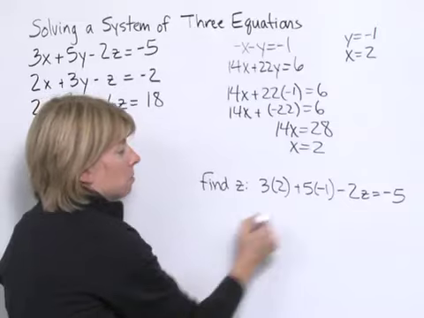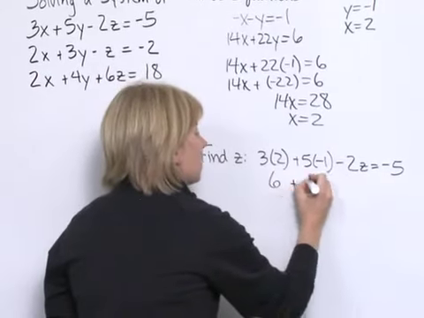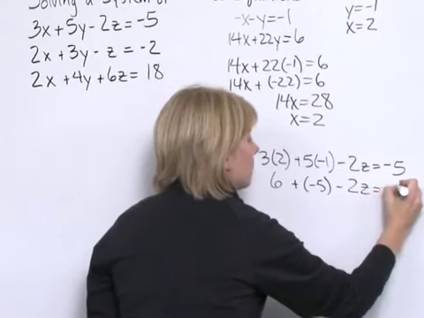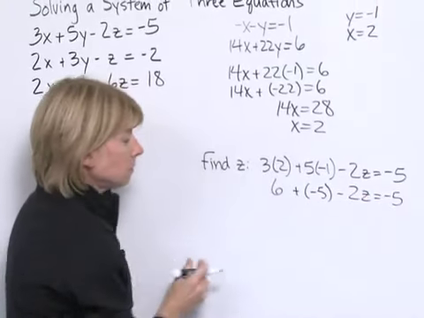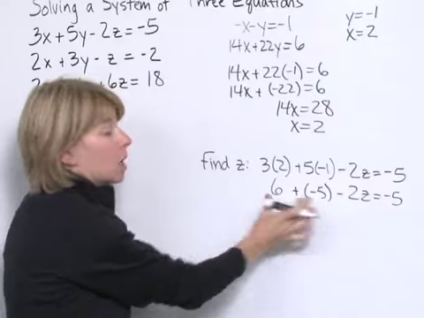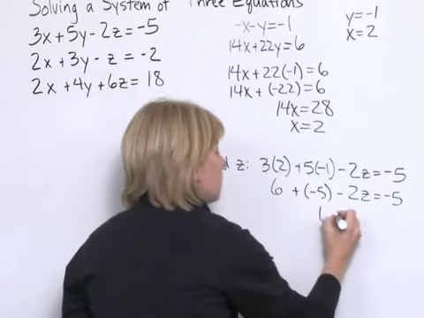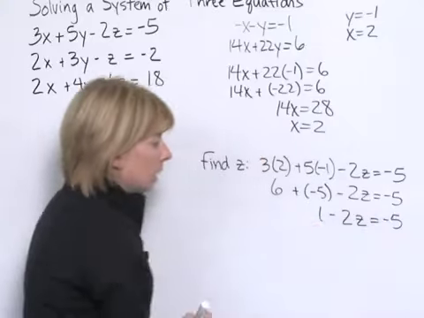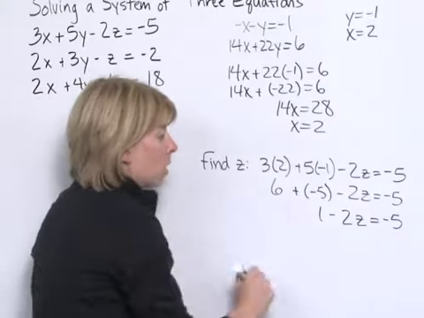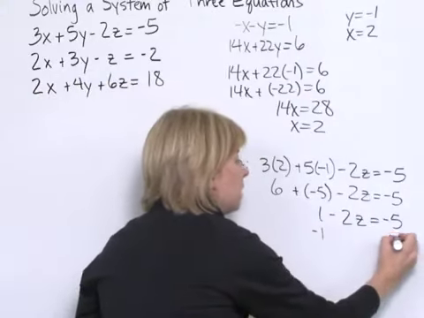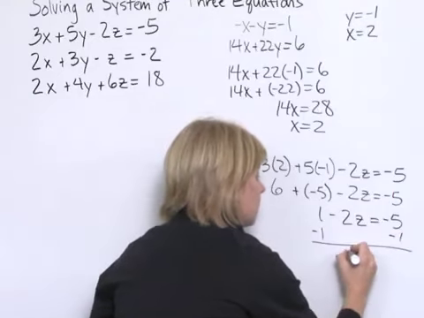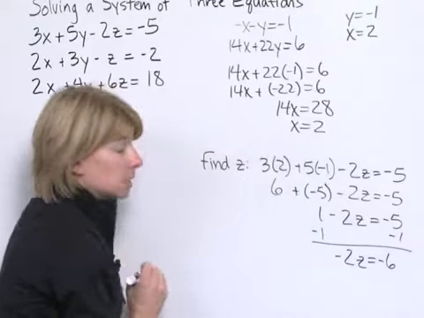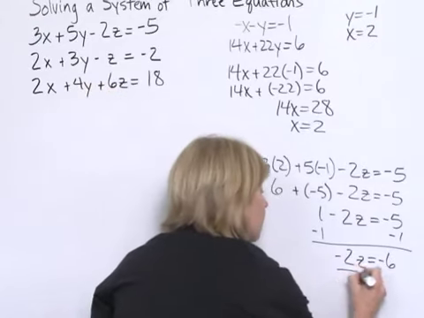So 6 plus negative 5, and here we have a 1. And then finally subtracting 1 from both sides, and then dividing by negative 2, we will see that z is equal to 3.